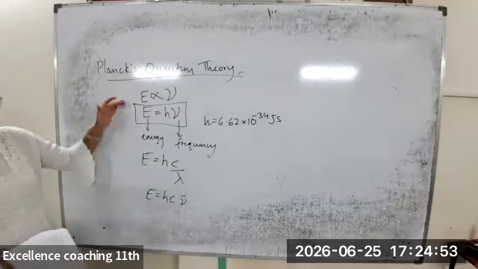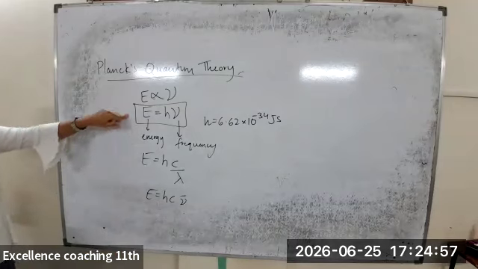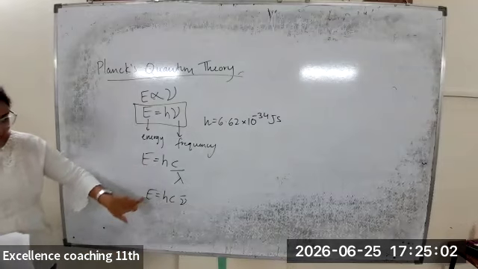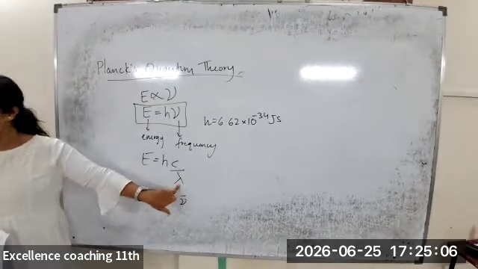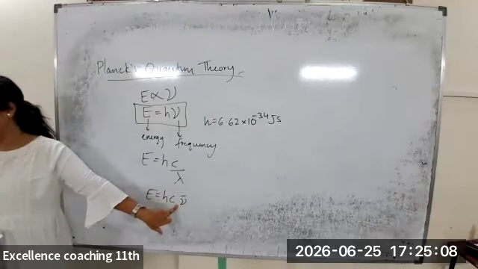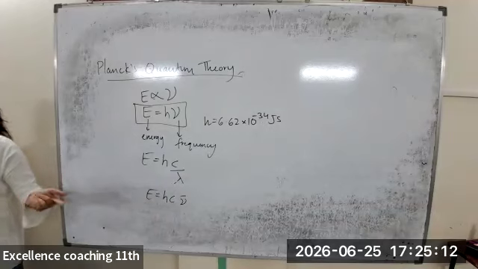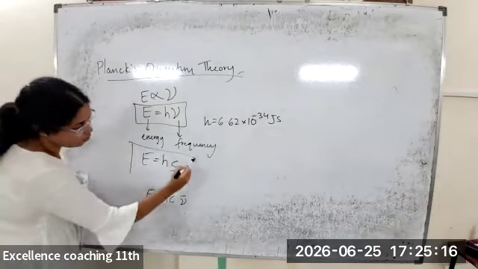The simple form was E is equal to h nu, and from this you can write the other formulas. When you have the wavelength, you can also write it in terms of wave number, as wavelength is inversely proportional to wave number. So one formula, but three different forms of it.